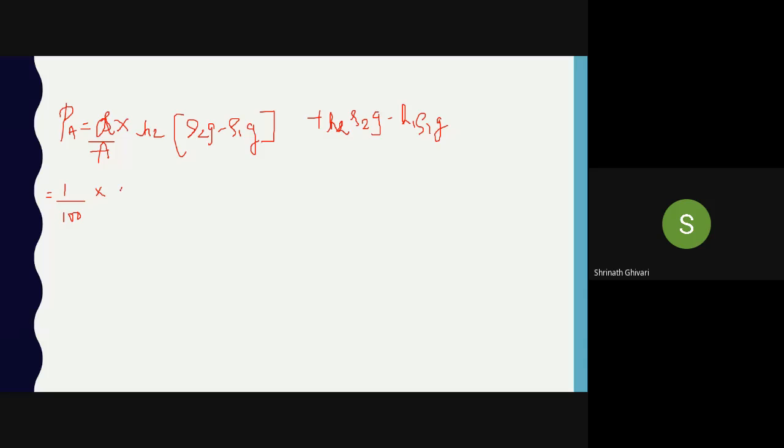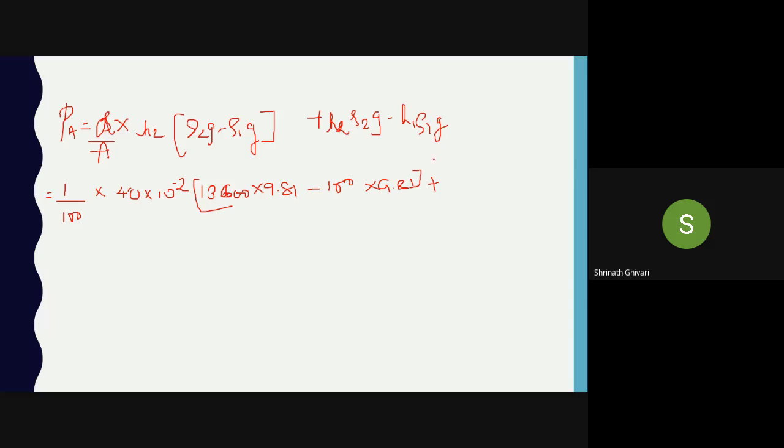Into H2 is how much? H2 is 40 into 10 raised to minus 2. Or you can write 0.4. Rho 2 G. How much is rho 2 G? 13.6, so 13,600. You can directly write 13,600 into 9.81 minus 1000 into 9.81.